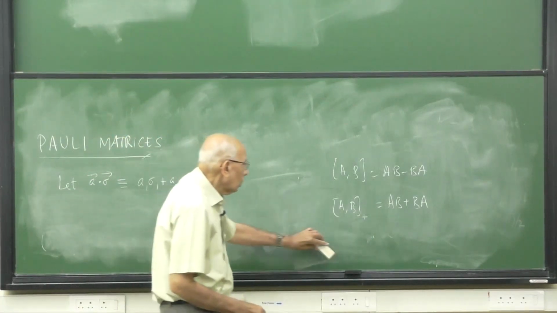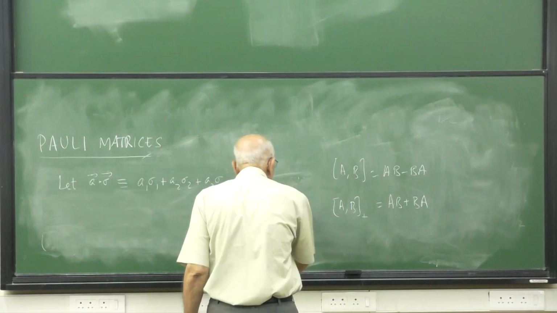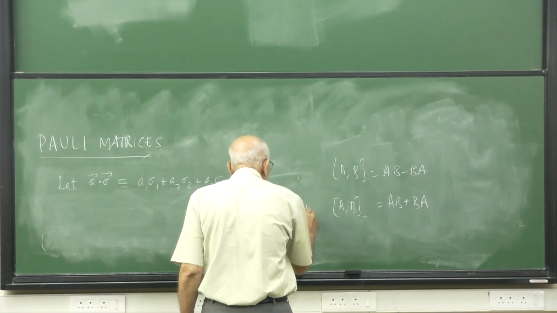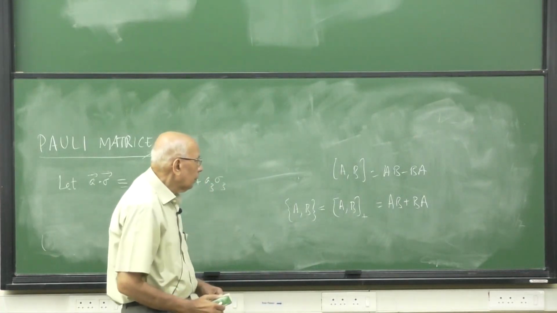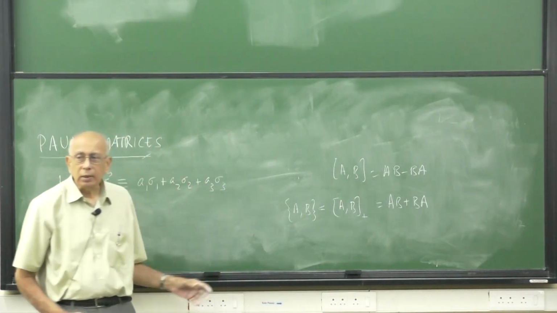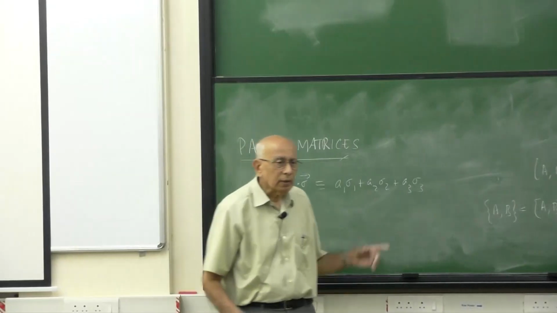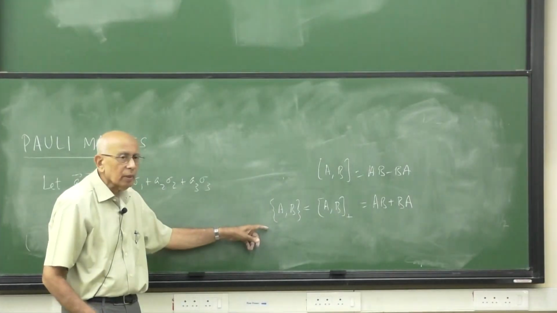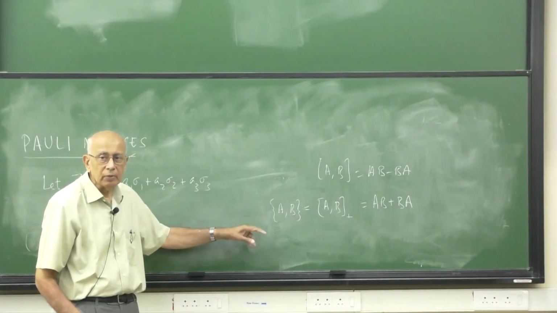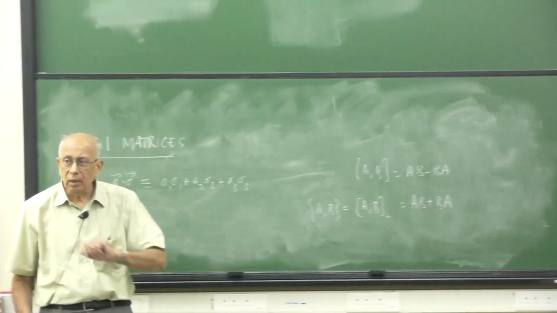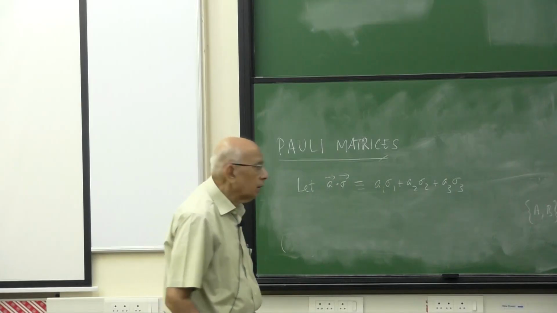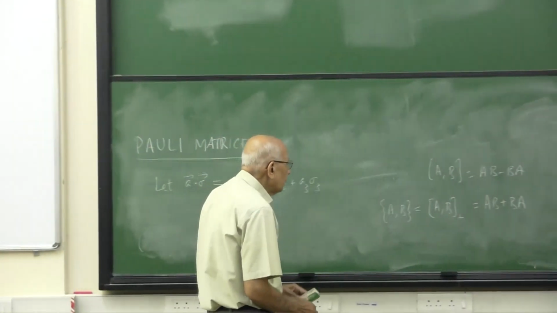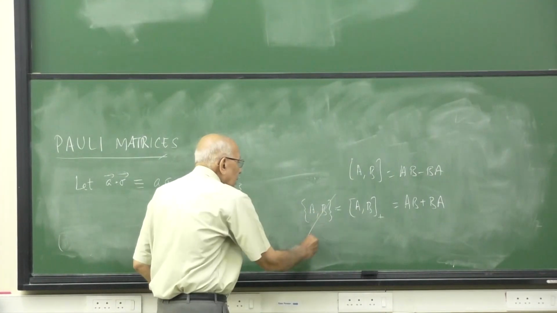In many books, you'd also see this notation, curly bracket AB. I don't like this notation because in classical dynamics, this is called the Poisson bracket between two functions of phase space variables. So it's already been reserved for something else altogether and is likely to lead to great confusion. So I'd rather write it like this.